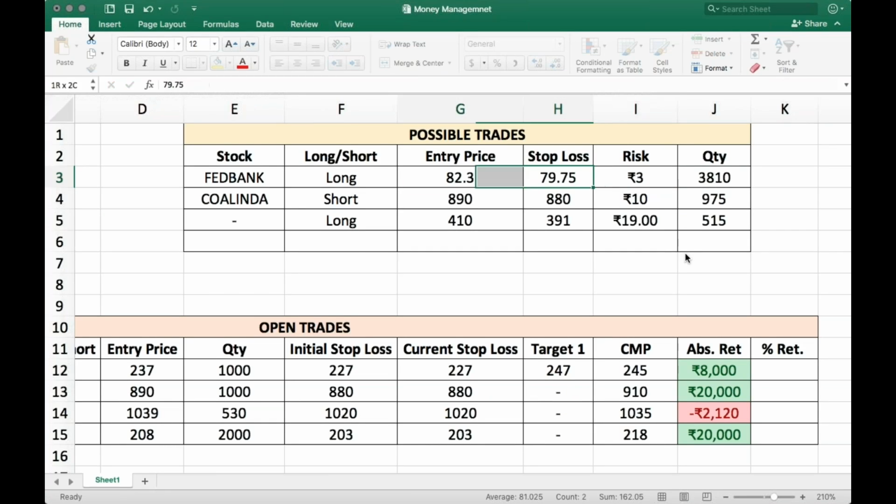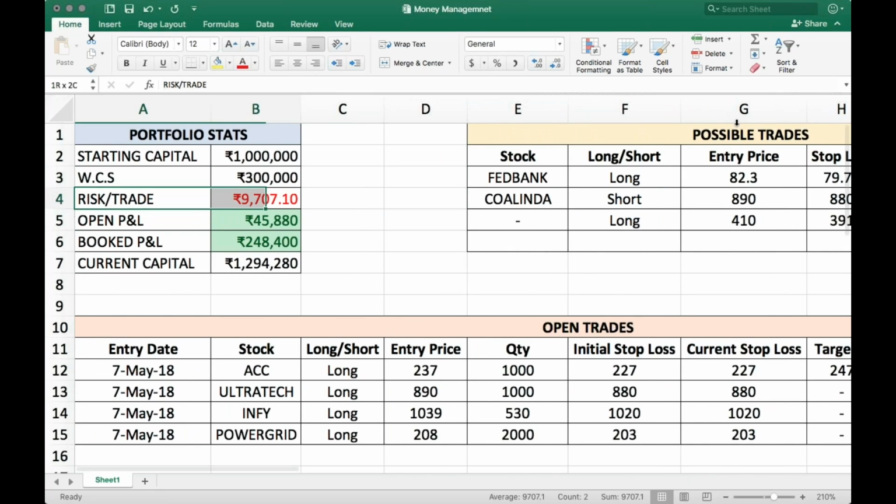The moment you feed these data, stock, long, short, entry price and stop loss, automatically it will calculate the risk. Now the question arises, how much quantity should you buy? So you come to this point, risk per trade.